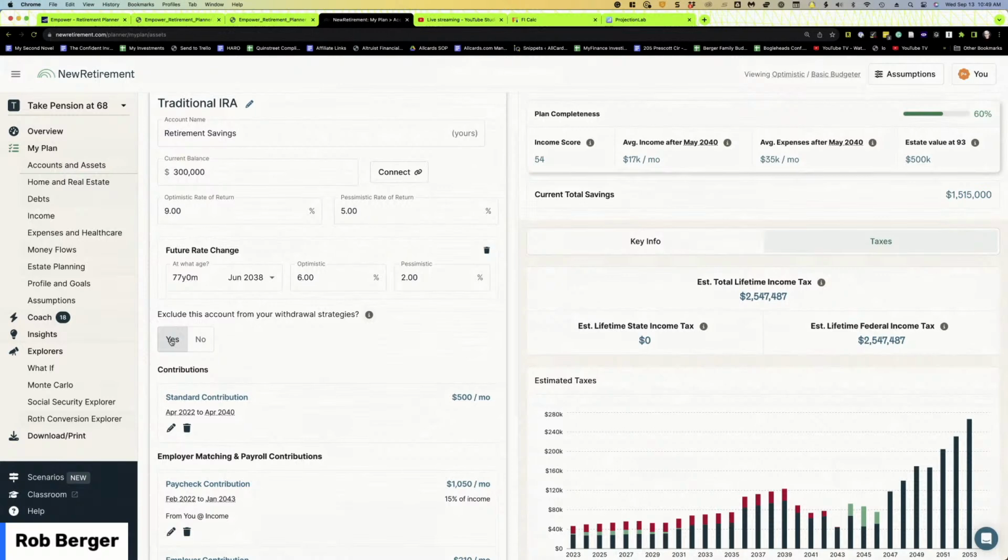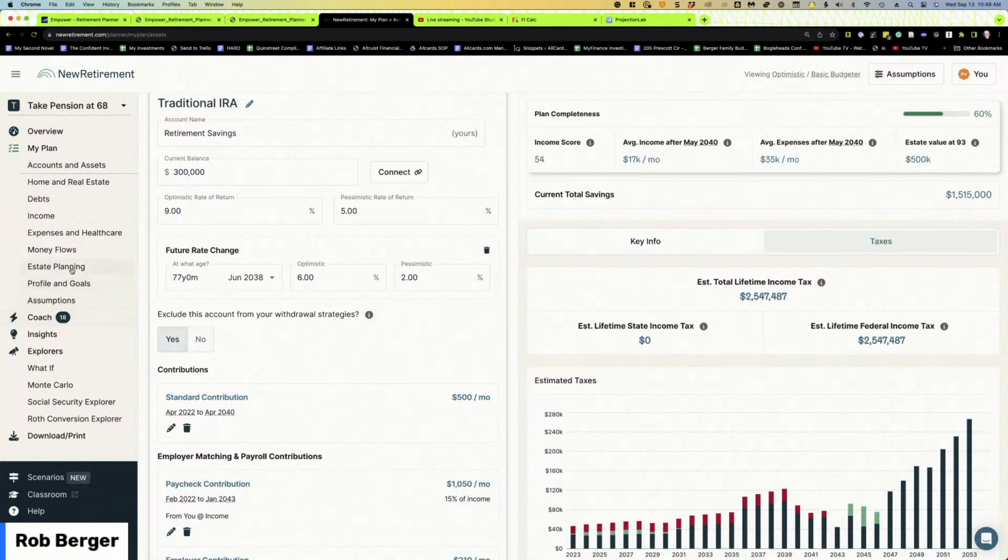Yes, exclude this account. And by the way, the other thing you can do, this is even more advanced, I guess, I don't know. You could break this into two accounts. If you're not linking your accounts, which I don't with New Retirement, you could break this in two and have two different balances. One for transfer, which I'm going to show you, and the other to continue using this withdrawal strategy, right?